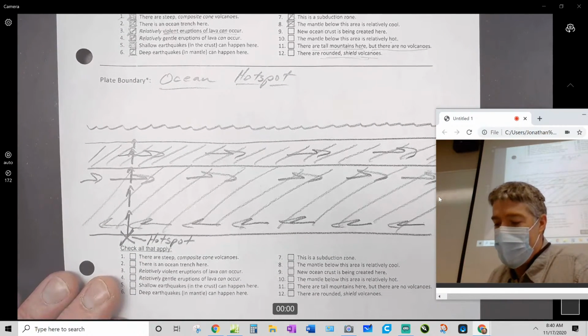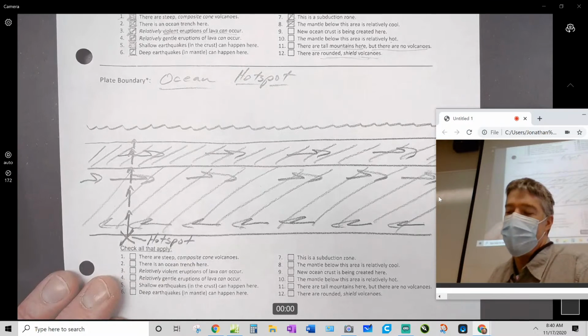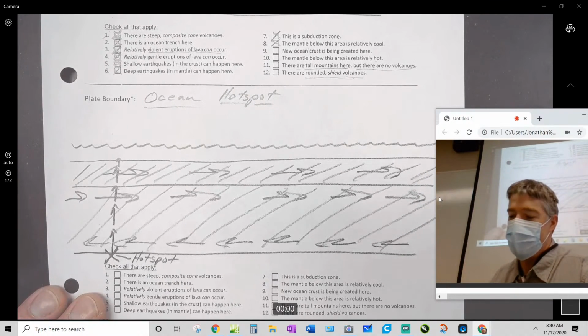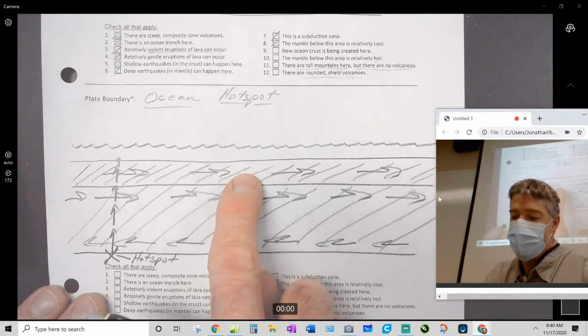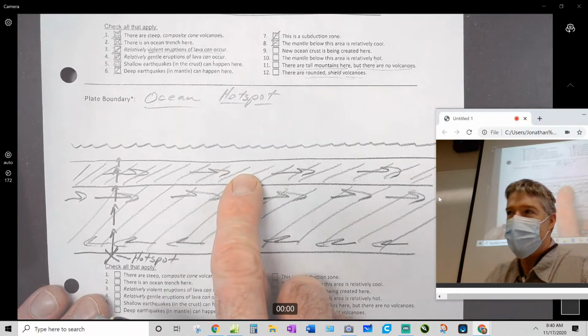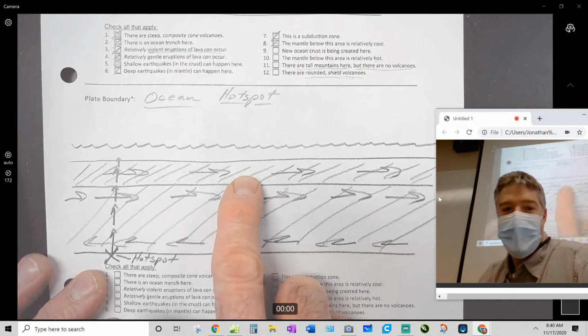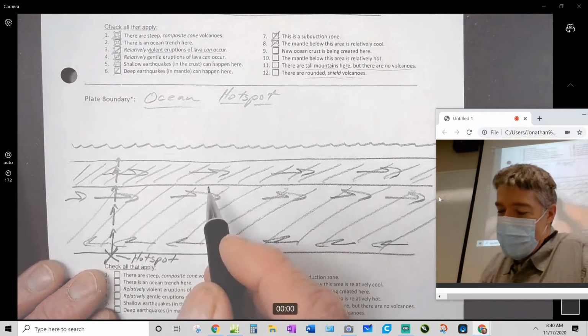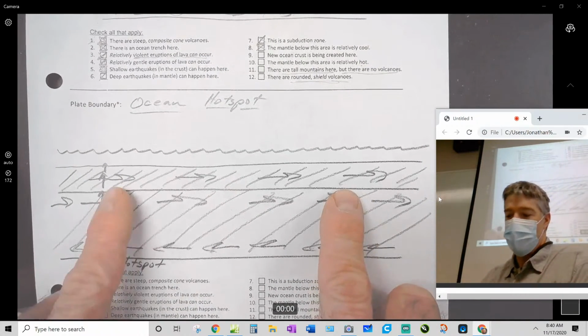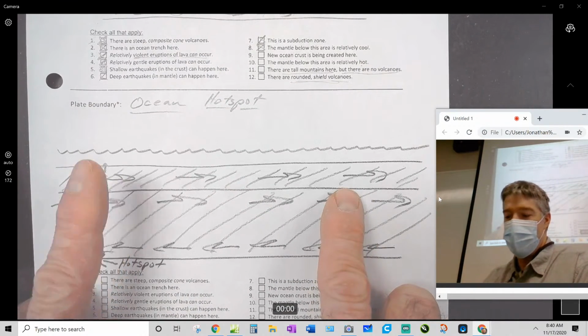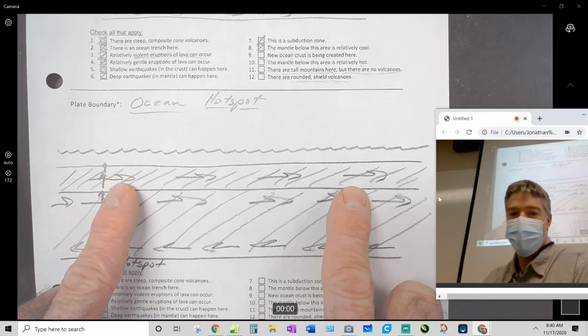Now, before I do anything with the hotspot, there's something that needs to go on top of the ocean crust. What's that? The sediment. And I haven't given myself much space, but where in this picture would my sediment be thicker? On the left side or the right side?